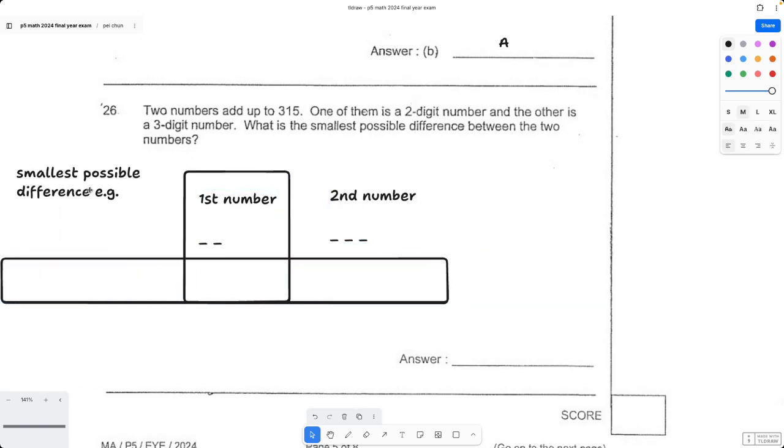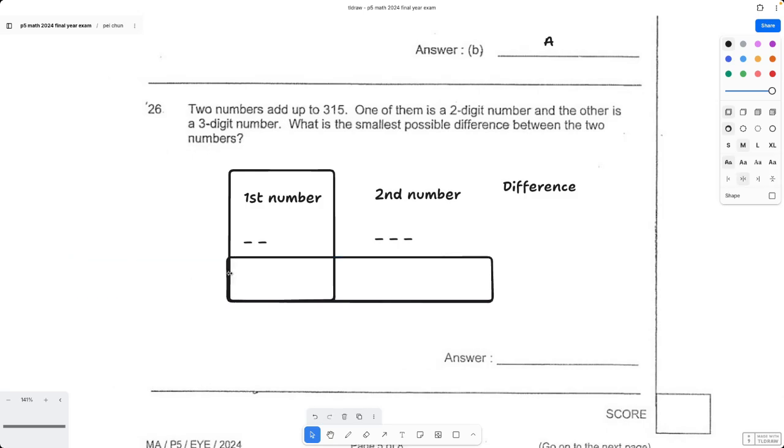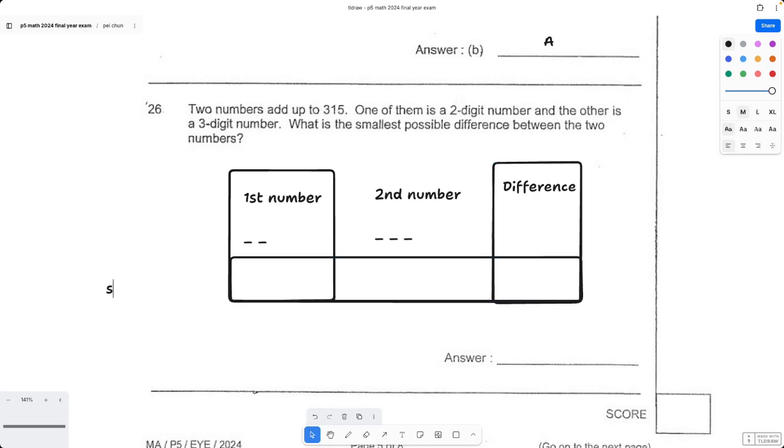So I'll just put here as difference. What you see over here, right? So you have a difference, and then we have your difference here. Pretty beautiful.